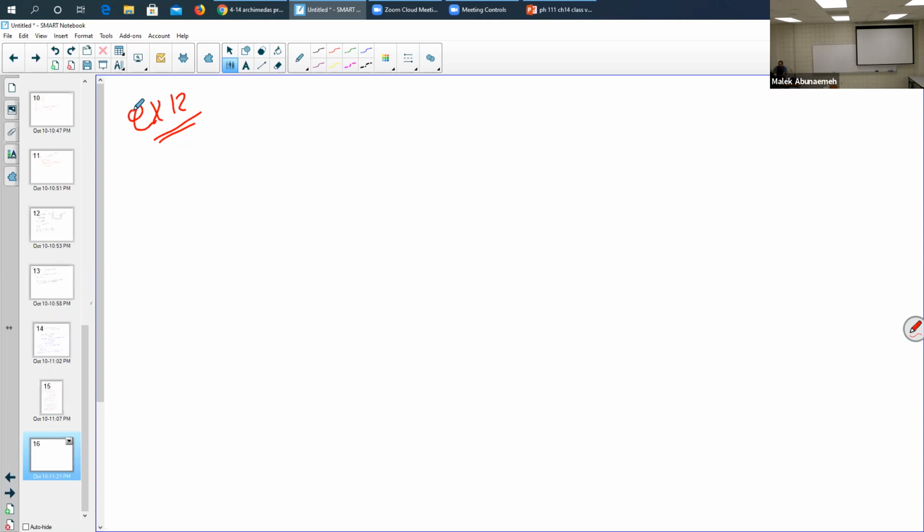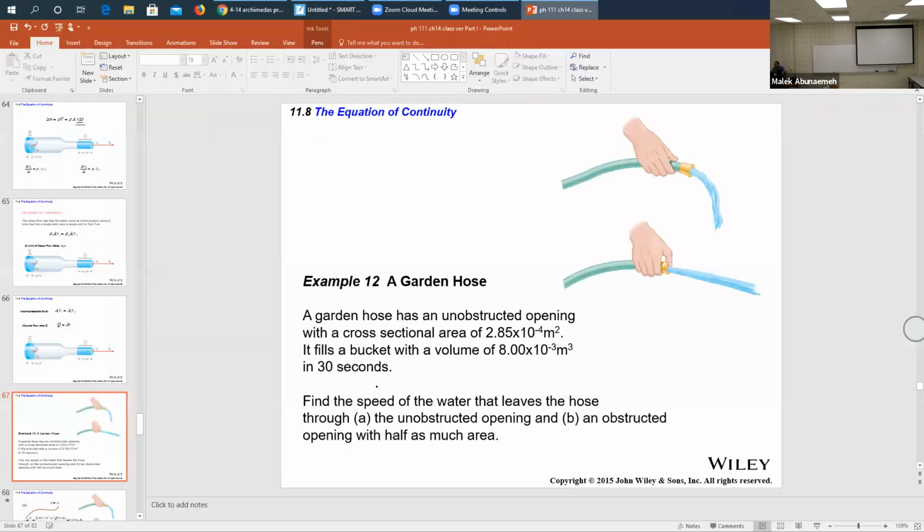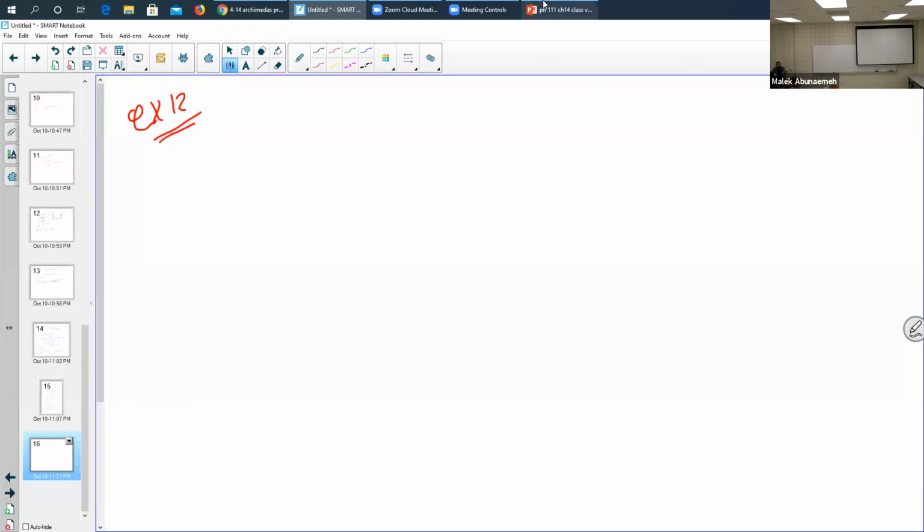All right, so let's take a look at the question. The area is 2.85 times 10 to the negative 4 meters squared, that is your area 1. What else do we have?